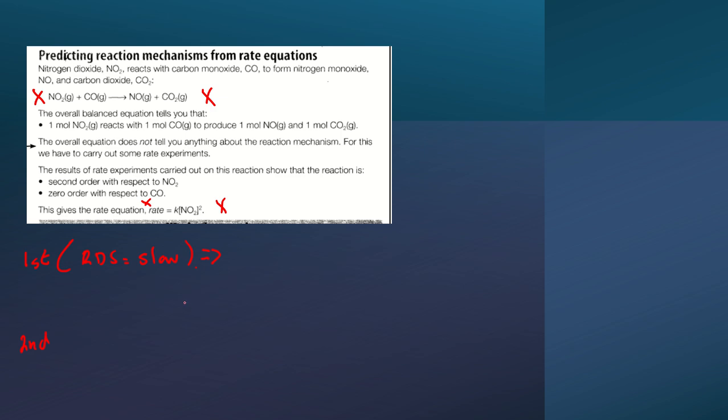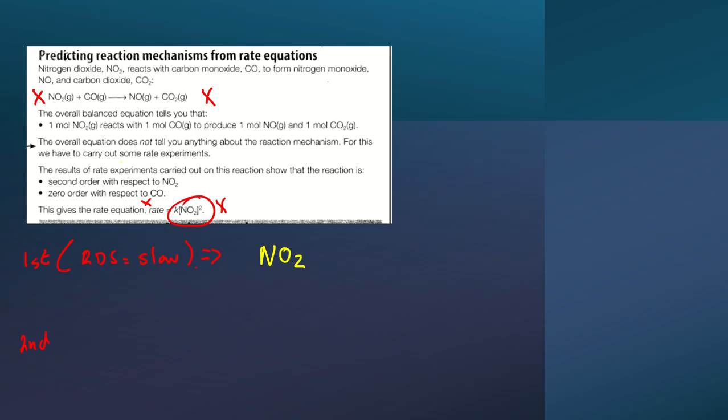And the things which control the rate, the species that control the rate, are those that are in the rate equation, because you've already established through experimentation that anything that is in that rate equation must have an influence on the rate. So therefore, it must be involved in the slow step. So in this one, we know that the only species that is involved in the slow step must be nitrogen dioxide, NO2.